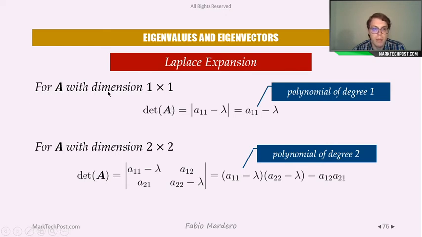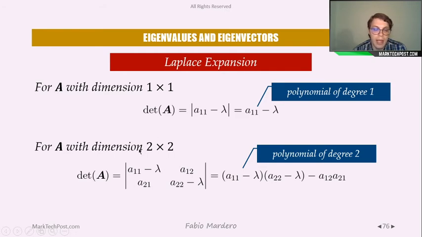So for A with dimension 1 times 1, we have to compute this determinant with a simple determinant, and we get a polynomial of degree 1, in which lambda is the unknown variable and A11 is known.